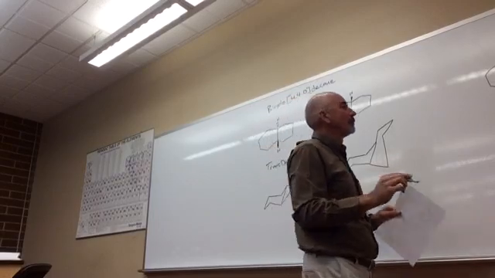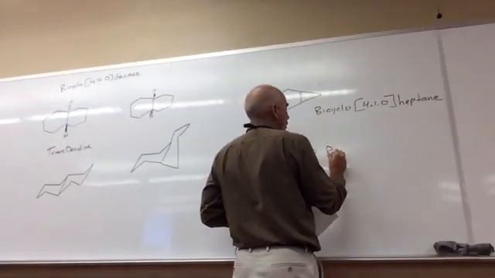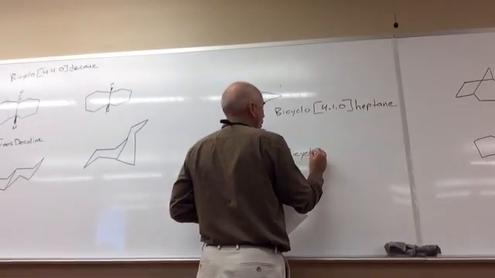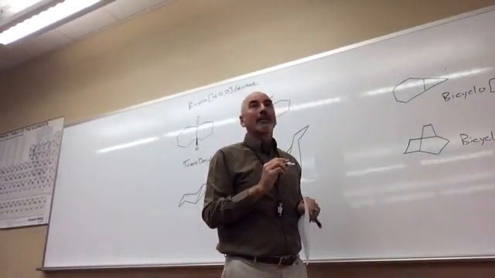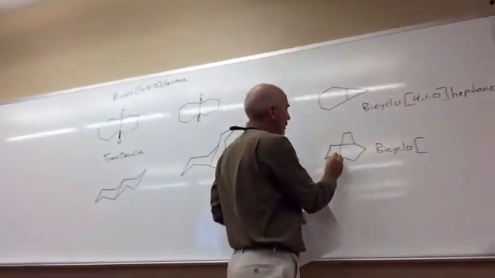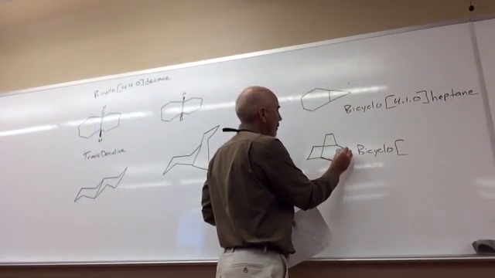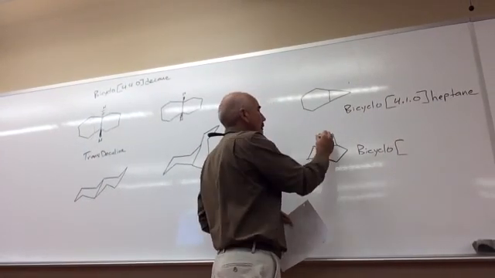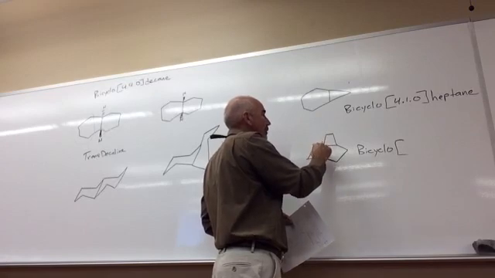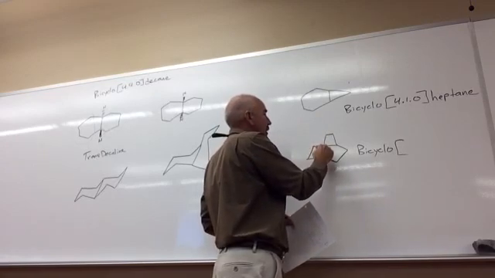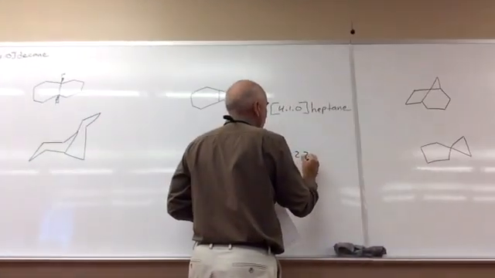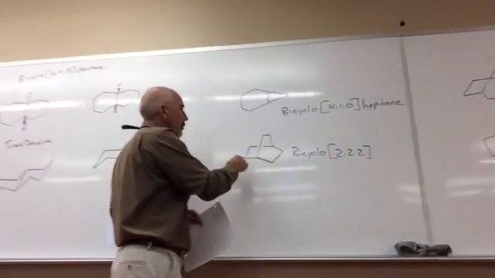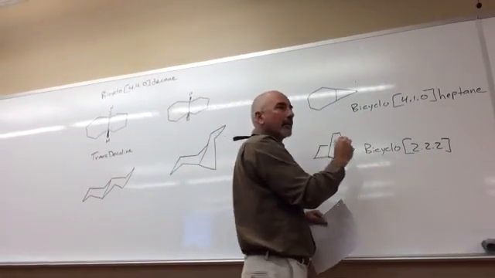Okay, let's do this one. Bicyclo. Does the other one have a line? Cross bridge. Yeah, that. It's got to go behind. It's hard to draw that. It goes behind it there. So 2, 2, 2. 2, 4, 6, 8.